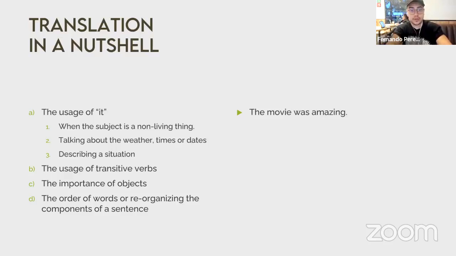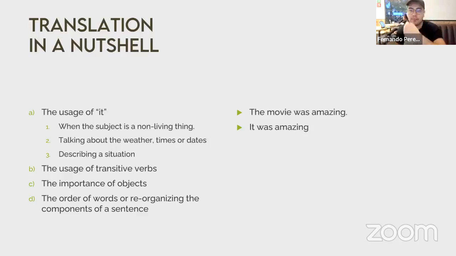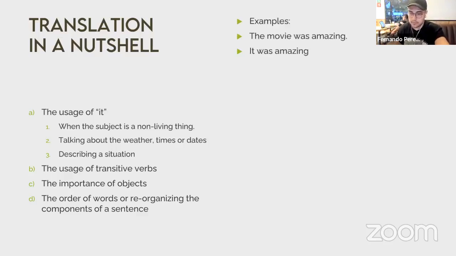What's the result? It was amazing. Perfect. This is an example of point number 1. The movie was amazing. It was amazing. That's bullet one.